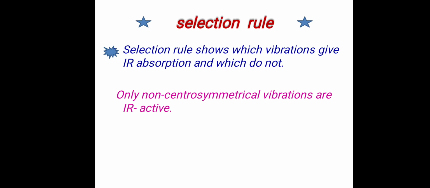Today we will discuss the selection rule in IR spectroscopy. The selection rule shows which vibrations give IR absorption and which do not. It determines whether a particular vibration is infrared active or not.